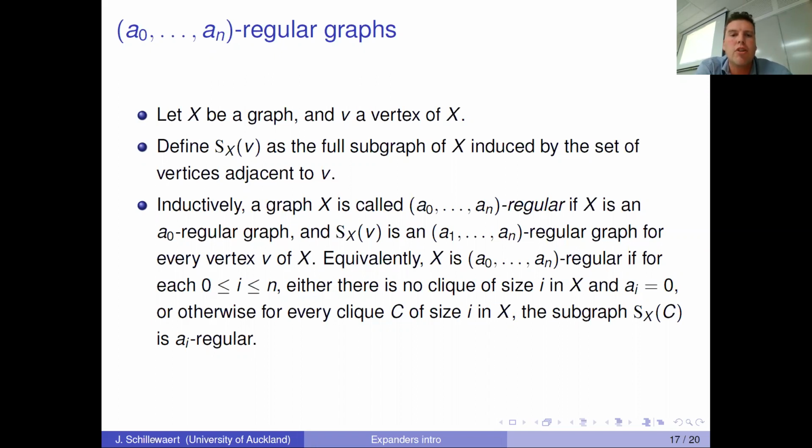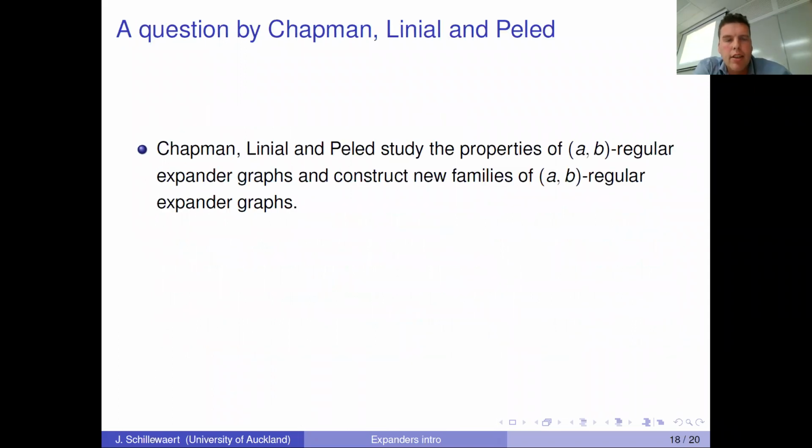So these are graphs which are regular, and also if you look at the neighborhoods of a vertex, they stay regular. And the number of times you can repeat this process is the level of the regularity. Okay. So last year there was a paper by Chapman, Lineal, and Pillet, where they study properties of AB regular expander graphs in the context of PCP testing.